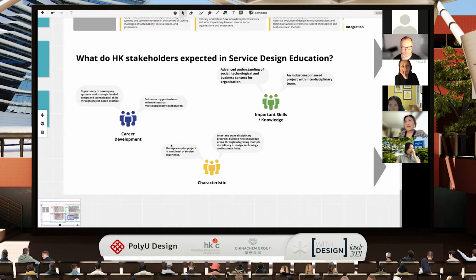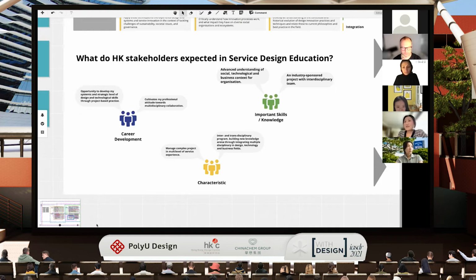And then it appears that the designers' role in the service sector is closer to just user experience, UX design, or UI design, rather than a holistic approach to the design or the problem itself.